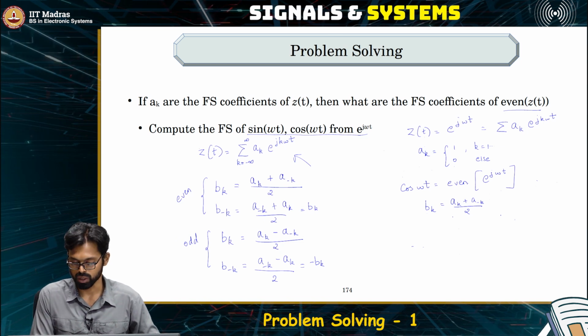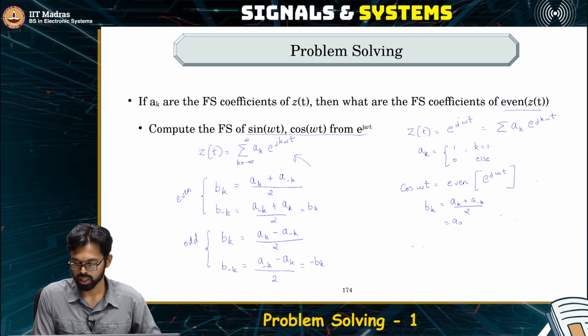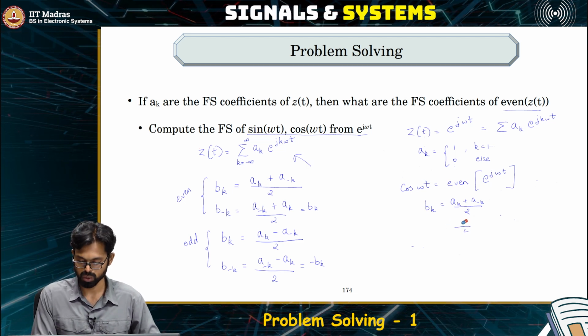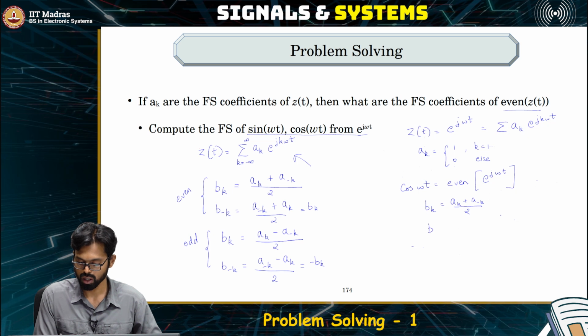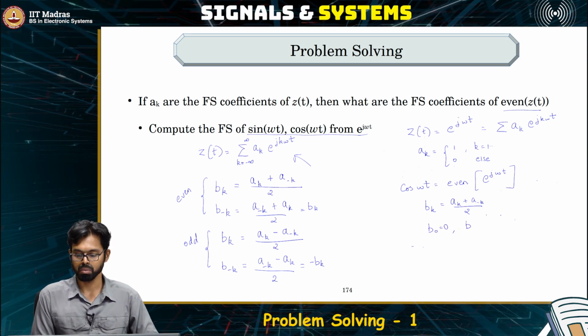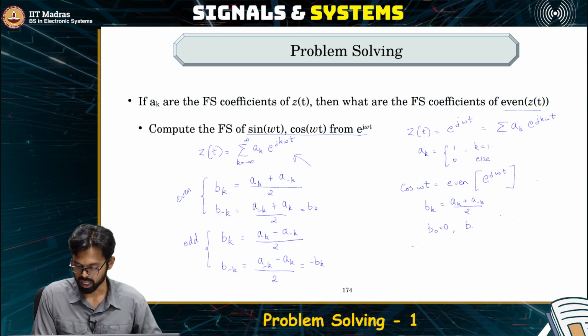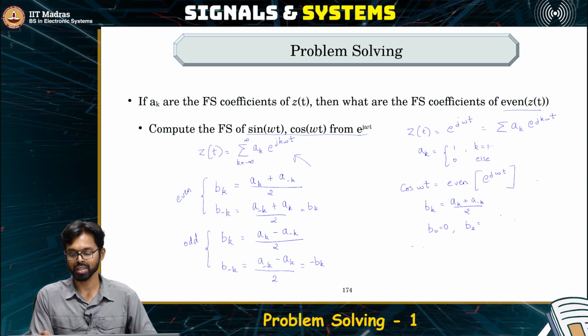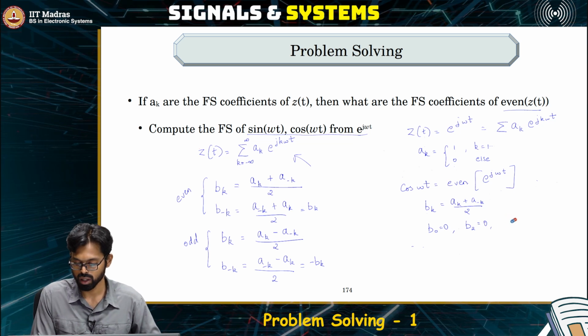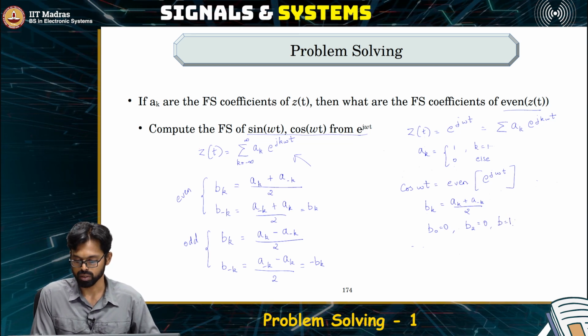When k is equal to 0, we have (a0 plus a0) by 2, but we know that a0 is already 0, which means b0 is 0. What happens when k is equal to 2? When k is equal to 2, we have (a2 plus a minus 2) by 2, which is also 0, and so on.